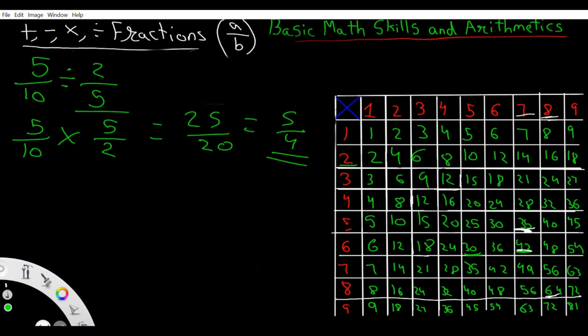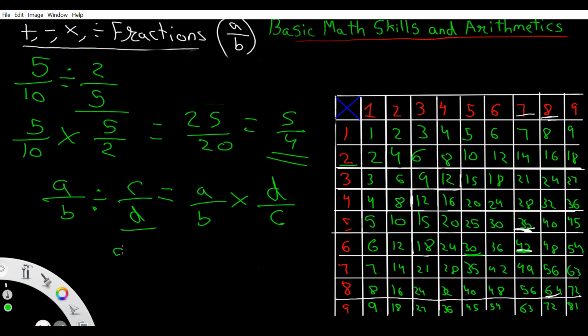So for dividing fractions, let's say a over b divided by c over d. This would turn into a over b multiplied by the reciprocal of c over d, which is d over c. So if you want to divide 5 over 4 by 3 over 2, this turns into 5 over 4 multiplied by 2 over 3.